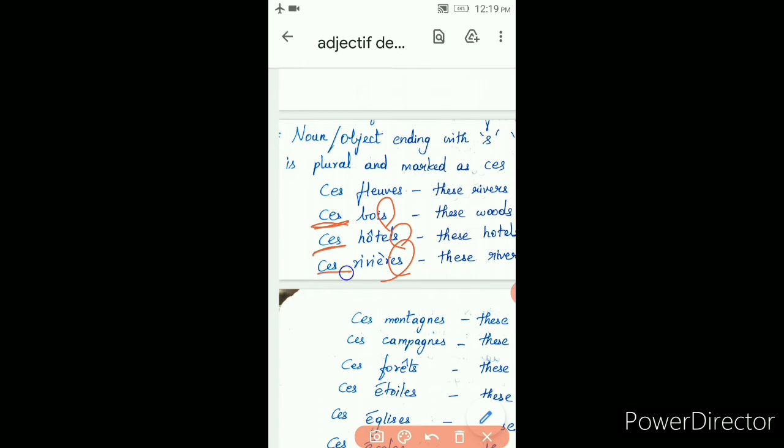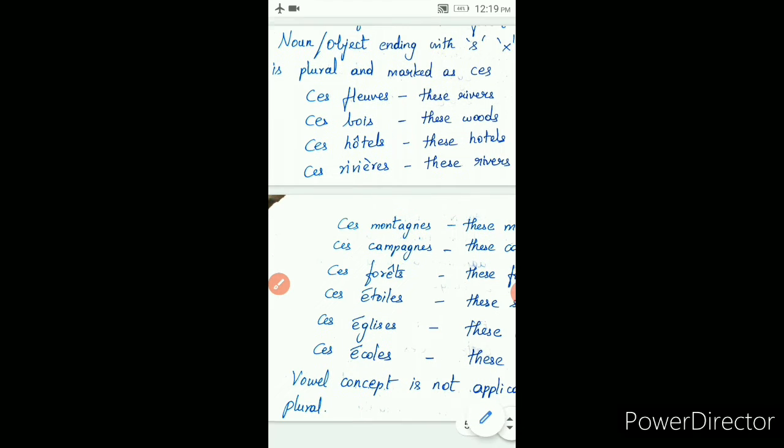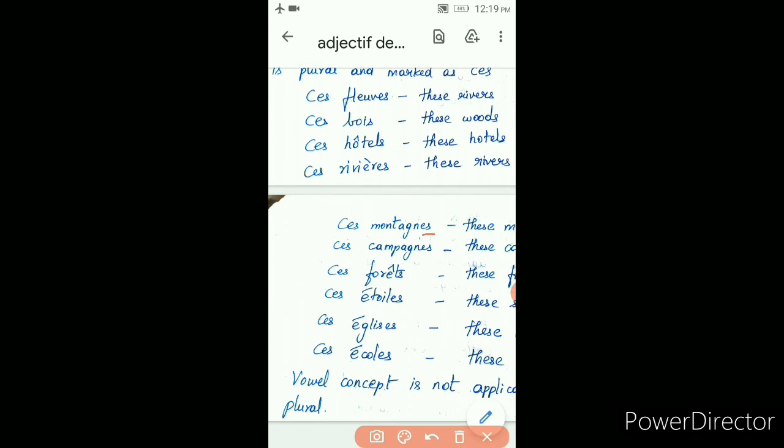Ending with es, say. And if you see here, says hotel, says étoile, says église, says école.